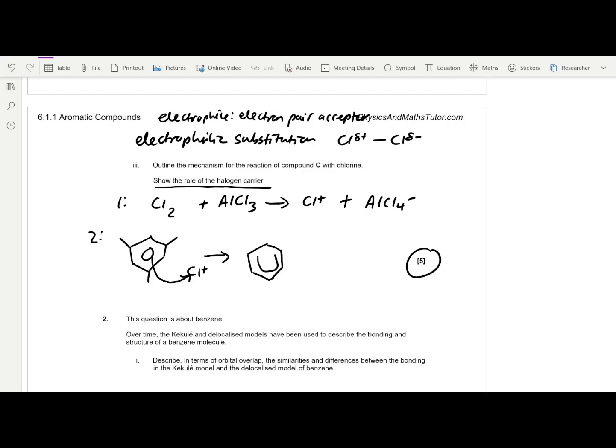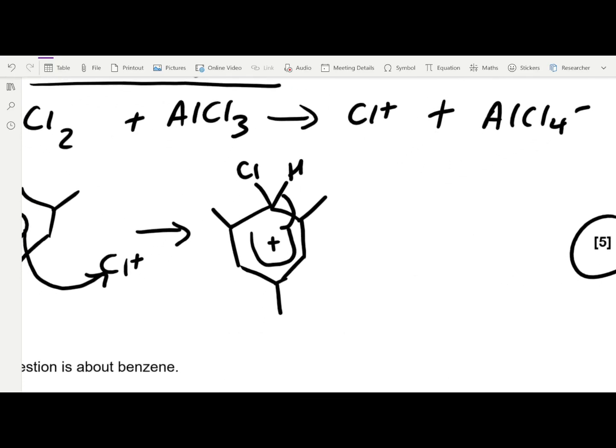There's going to be a positive charge as we've lost electrons from the system. And don't forget your side chains, and we need to draw our chlorine group here, and also a hydrogen which we're going to lose.